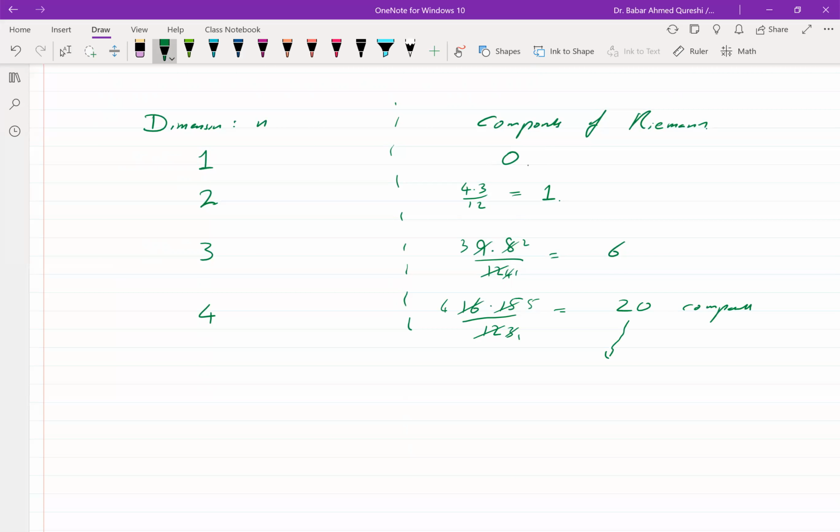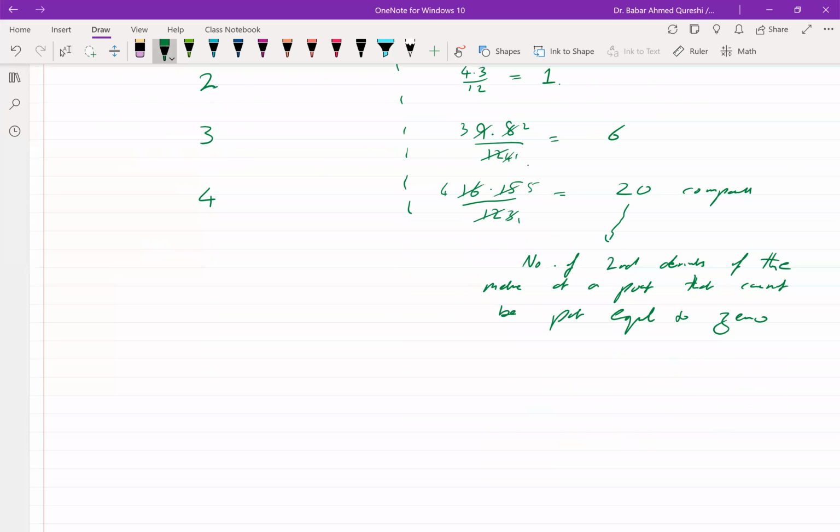And this is exactly what we found, that these are the number of second derivatives of the metric at a point that cannot be put equal to 0 by a choice of coordinates.